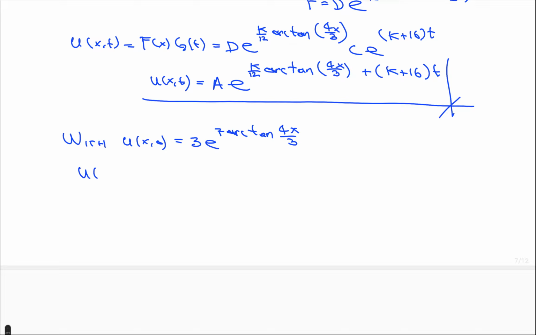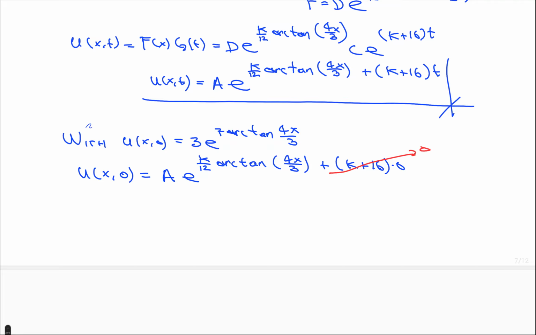That is going to be u of x,0 equals a e to the k over 12 arctan of 4x over 3 plus k plus 16 times 0, because t equals 0. So this whole term is going to go all the way to 0.